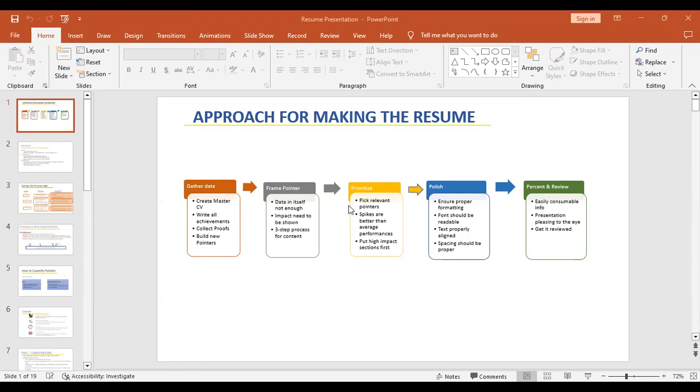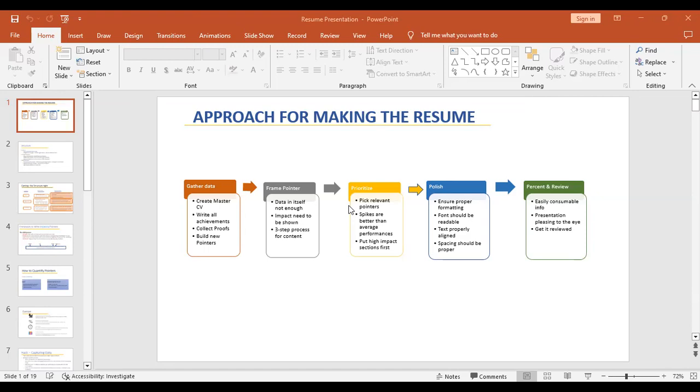Then the next thing is that since data in itself is not enough, how to present it is very important. And here at the second stage, you need to go through the job description. So for example, if I have 15 things, what are the main 3 or 4 things that the company is looking for? Right. So for example, I have 100 pointers about me.